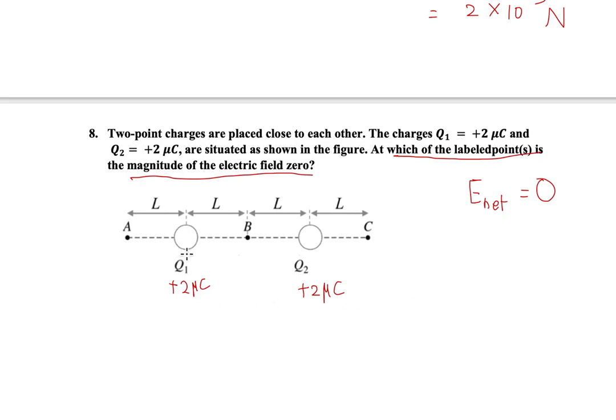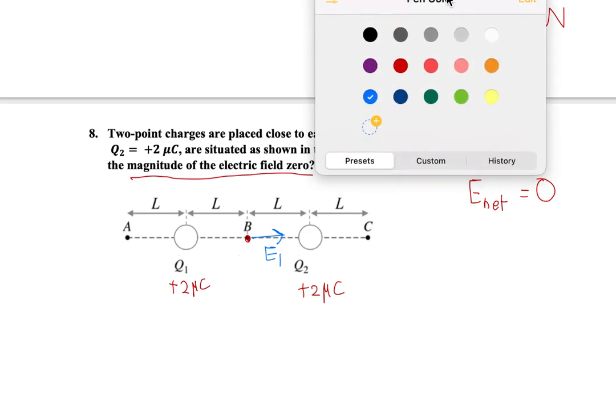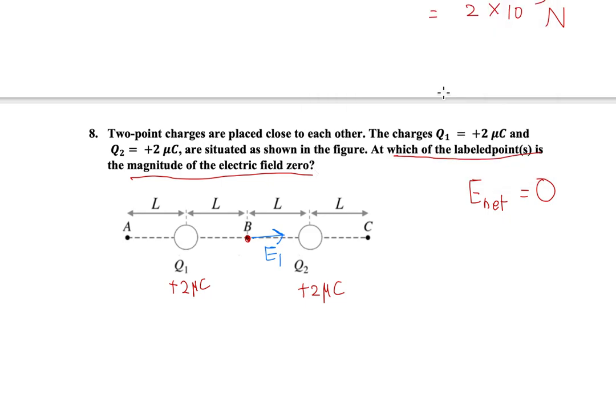And we know that for a positive charge, if I look at point B, the electric field at point B because of Q1, let me draw it in blue color, will be to the right. That is E1. And the electric field because of Q2, let's take another color.